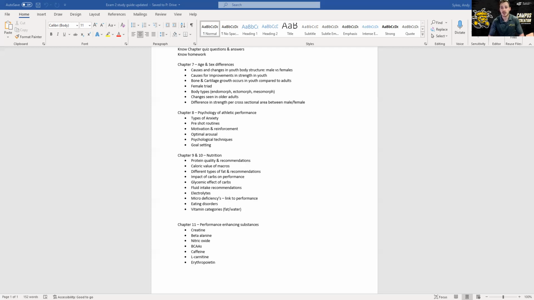And then EPO is used more with your aerobic athletes. Again, this works on your red blood cell count. So this helps to increase blood cells, which carry oxygen, which allows your aerobic metabolism. So this is going to be seen in more of your endurance, marathon, Ironman, triathlete type events, to increase performance there.